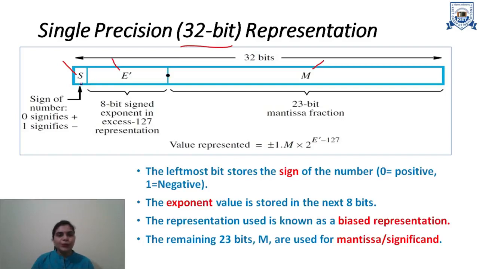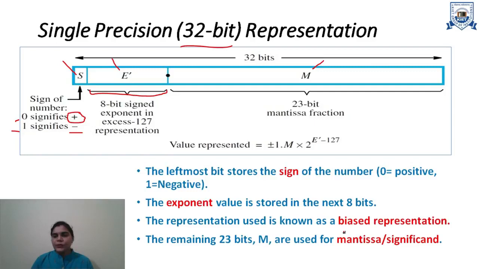One bit is used for sign bit. The bit can be 0 or 1. 0 bit is representing the number is positive and the 1 is representing that number is negative. So 0 for positive number and 1 for negative number. Next, 8 bits are used for representing exponent, and in this we are using biased exponent.